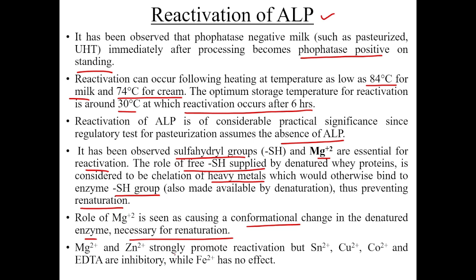Magnesium ion and zinc ion strongly promote the reactivation, while tin ion, copper ion, cobalt ion and EDTA are inhibitory, while iron has no effect on the reactivation of the enzyme.